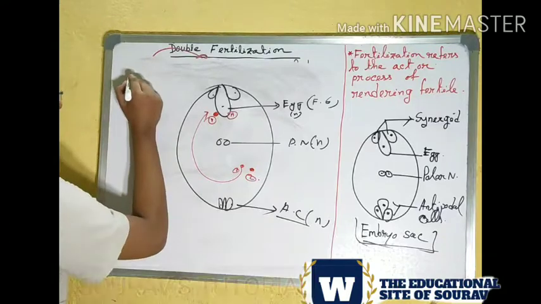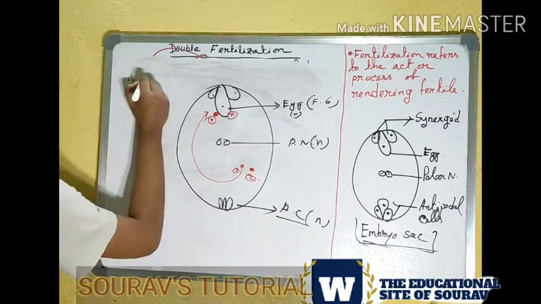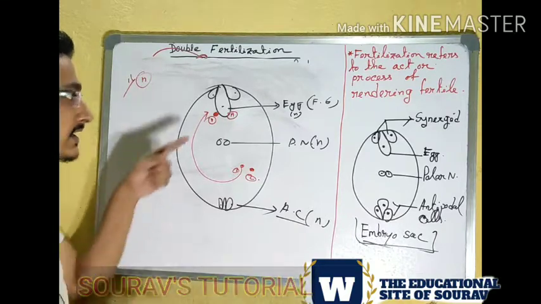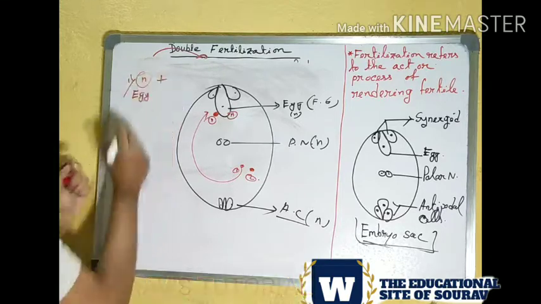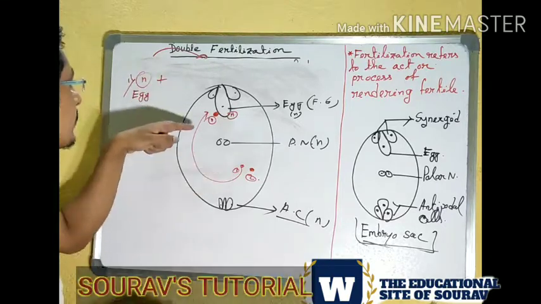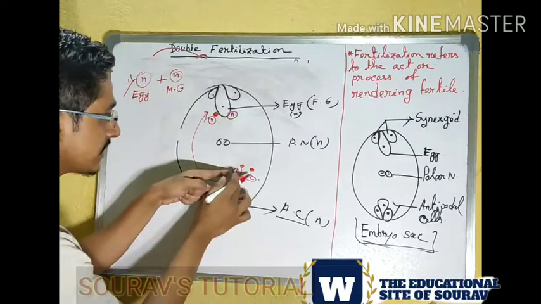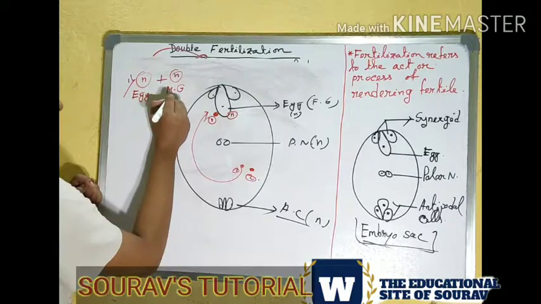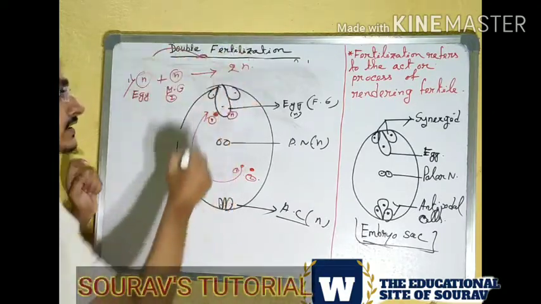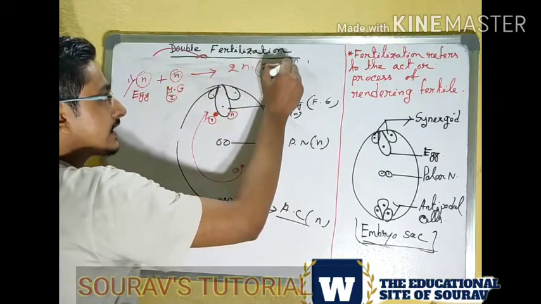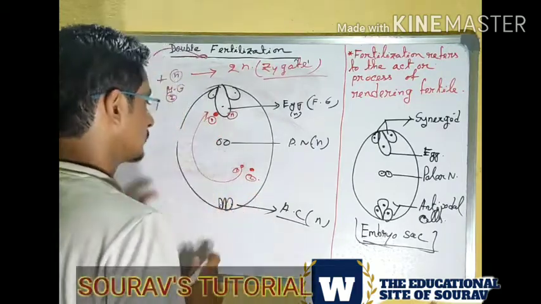So number 1, fusion: n for the egg, and n for male gamete number 1. It forms a 2n cell, which is called the zygote.